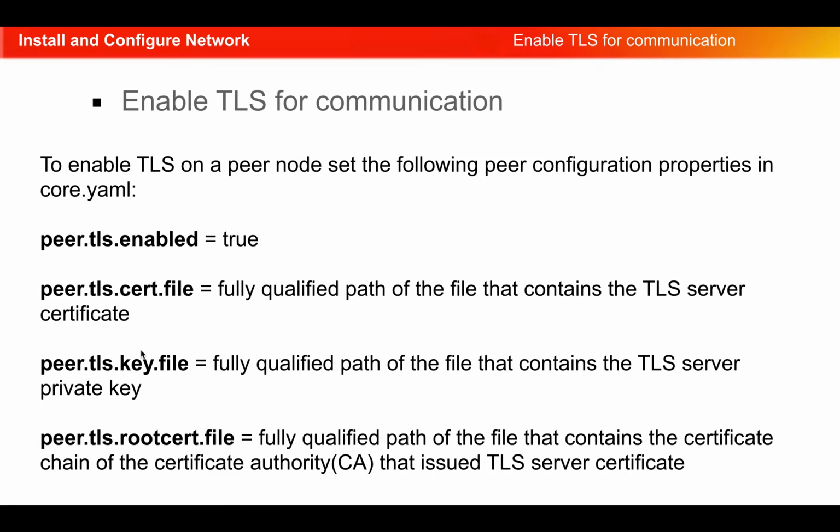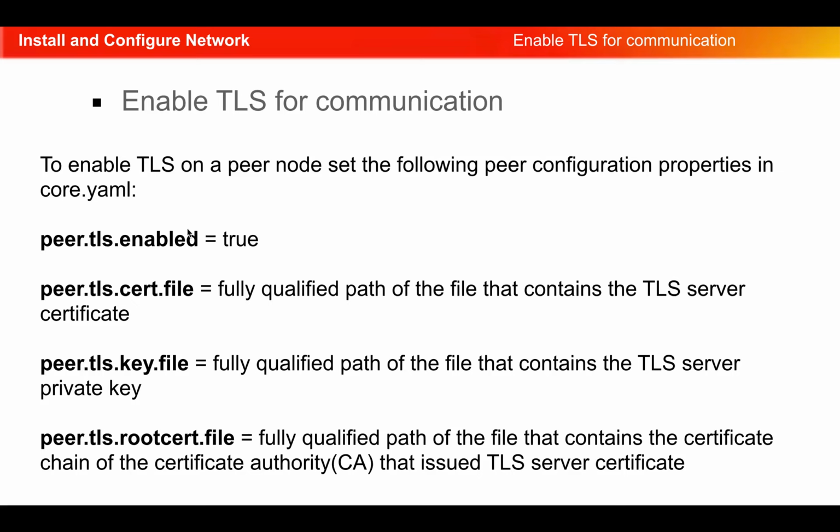There are many other properties as well. As you go through these YAML files, you will understand that many properties are necessary for your network to have additional or customized functionalities.